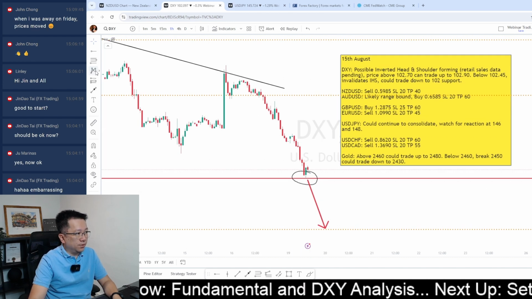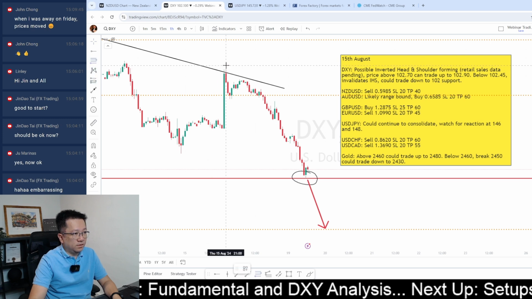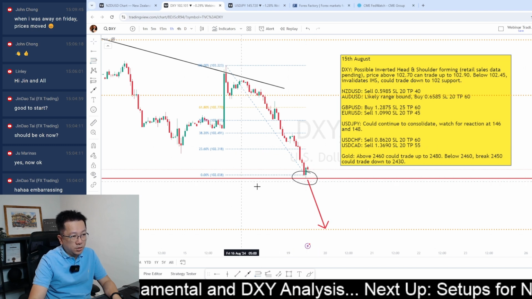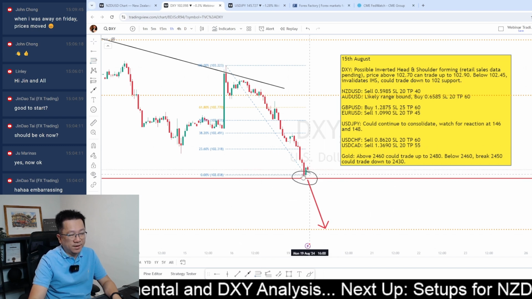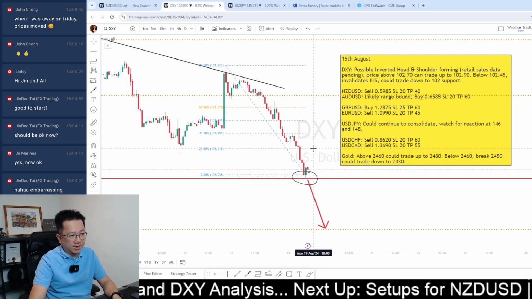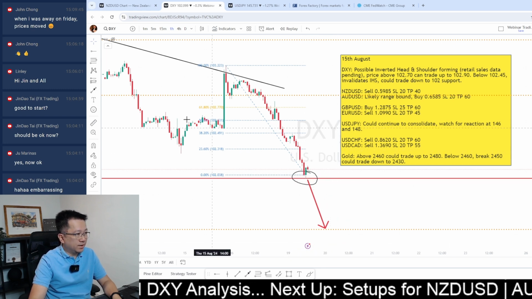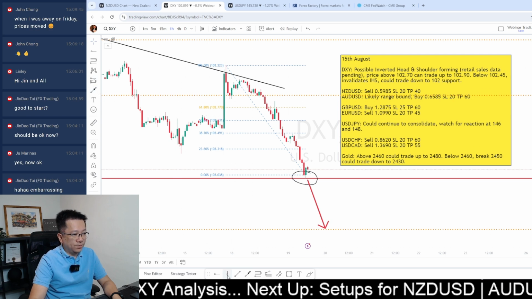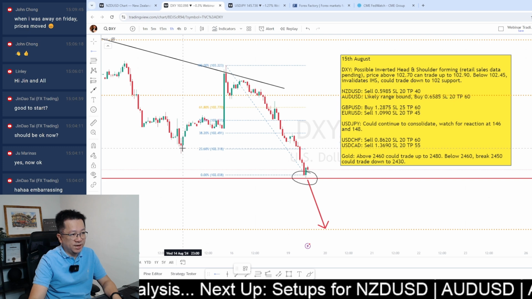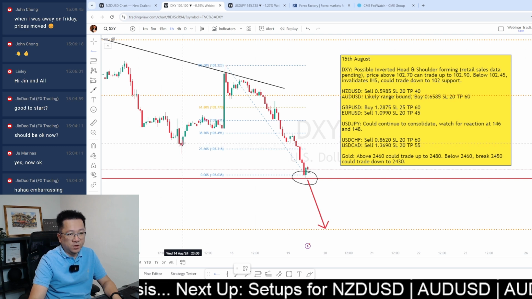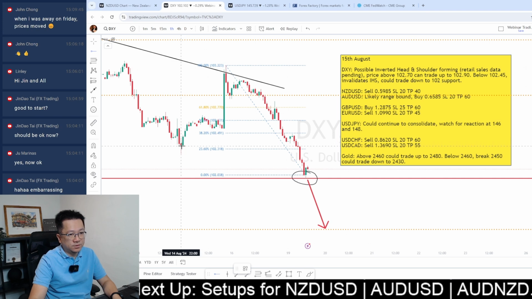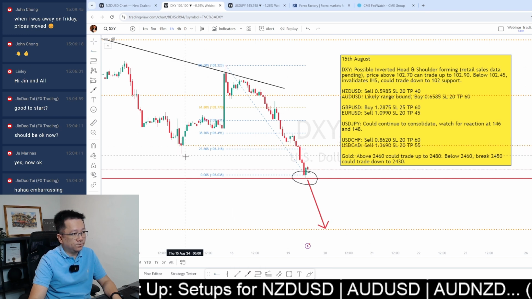At this point, if you look at this move down, it could retrace, right? It could bounce off this 102 level, push up slightly before turning back down again. So what I'm looking out for is that it also should stay below this 102.35 level.